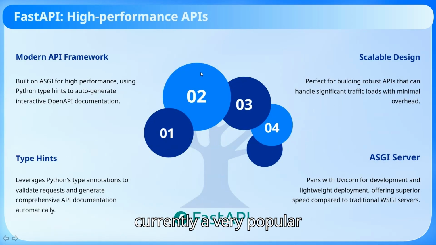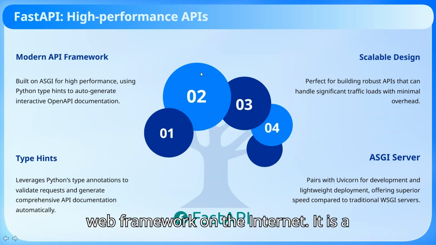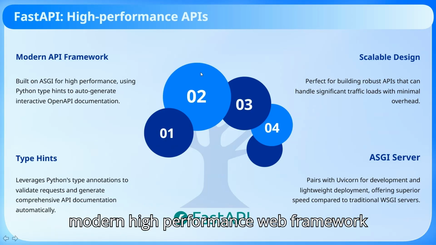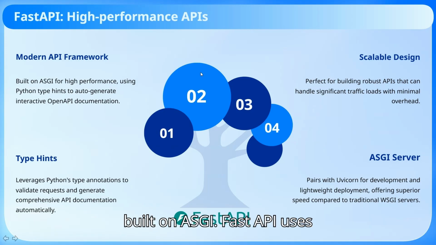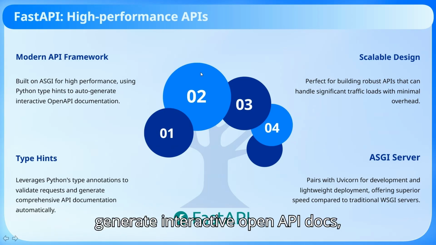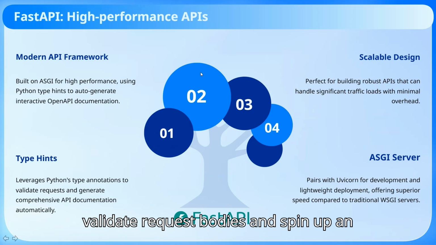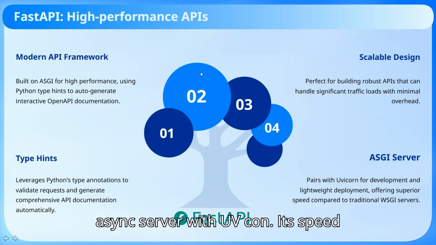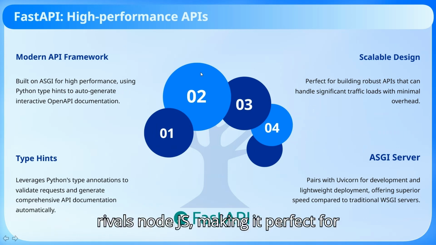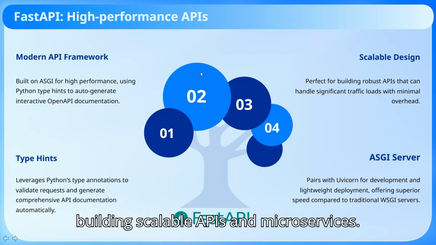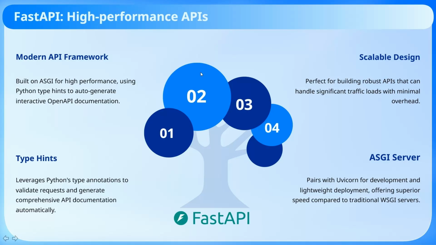This is currently a very popular web framework on the internet. It is a modern, high performance web framework built on ASGI. FastAPI uses Python type hints to auto generate interactive OpenAPI docs, validate request bodies, and spin up an async server with Uvicorn. Its speed rivals Node.js, making it perfect for building scalable APIs and microservices.